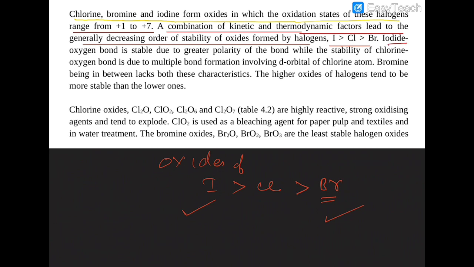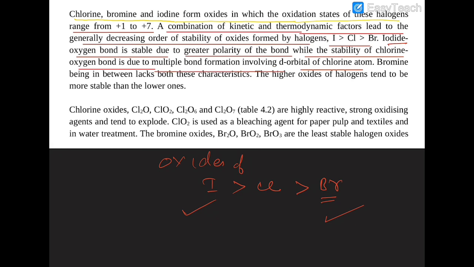Now the iodine oxygen bond is stable due to greater polarity of the bond, while the stability of the chlorine oxygen bond is due to multiple bond formation involving d orbitals of the chlorine atom.